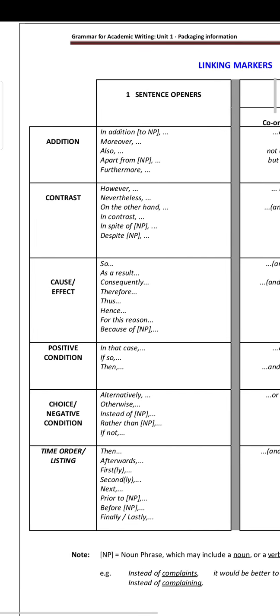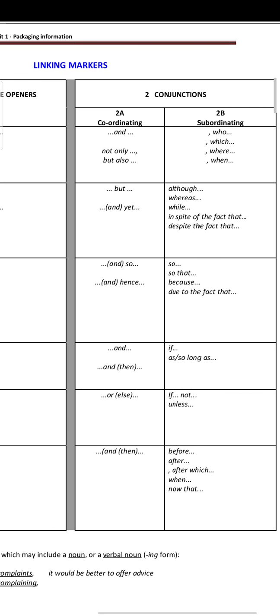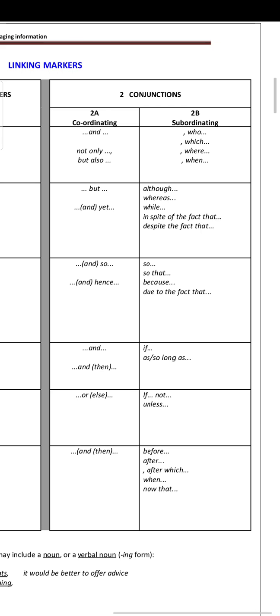Then we have time order or listing conjunctions. For time order or listing, we can use and then. And for subordinating, we can use before, after which, when, now that. Yeah, it's very easy.